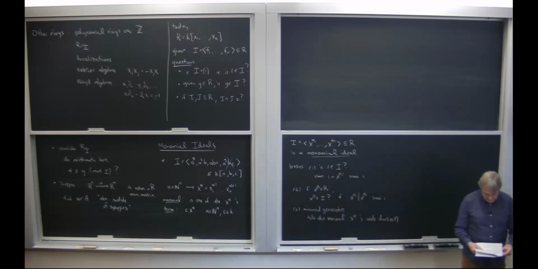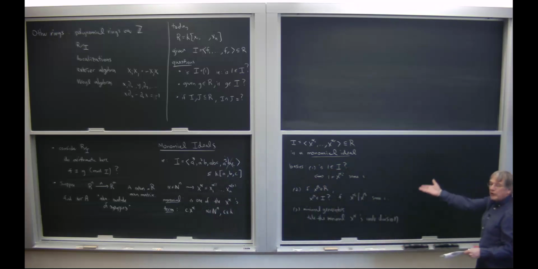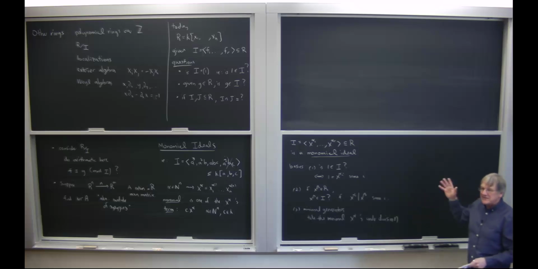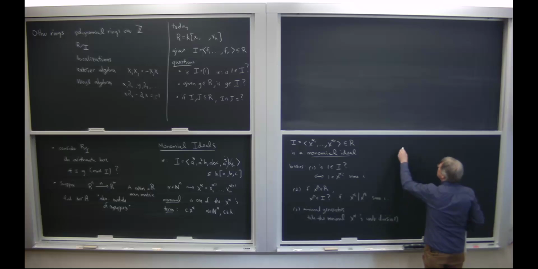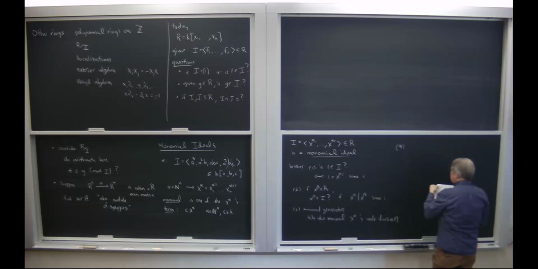Okay. So these are all pretty, I mean, they need a little bit of thought, but not so much. One other interesting thing that is going to be important to us is something like the following.